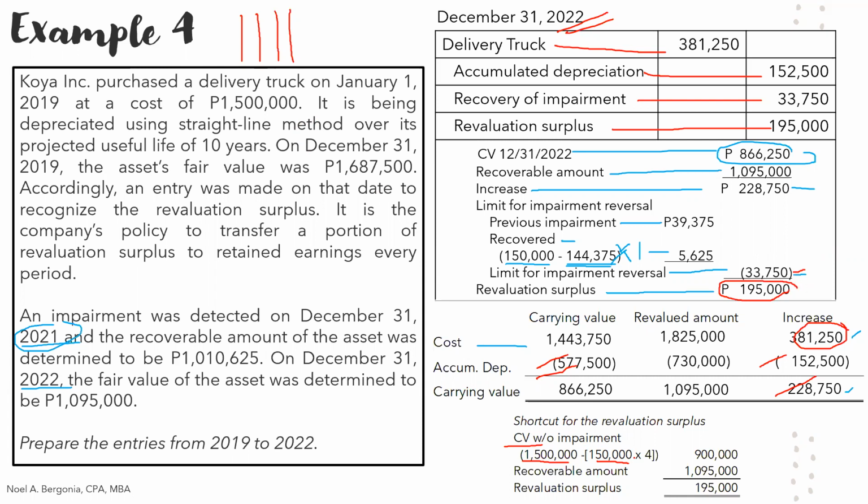So that would be 600,000 for the accumulated depreciation, and thus the carrying value without the impairment should have been, kung wala pong impairment, walang revaluation in between, nag-cost model lang po tayo, it should be 900,000. Okay? Then compare it with the recoverable amount or fair value in 2022 na 1,095,000. So see, 'di ba? Ang dapat revaluation surplus natin is 195,000.